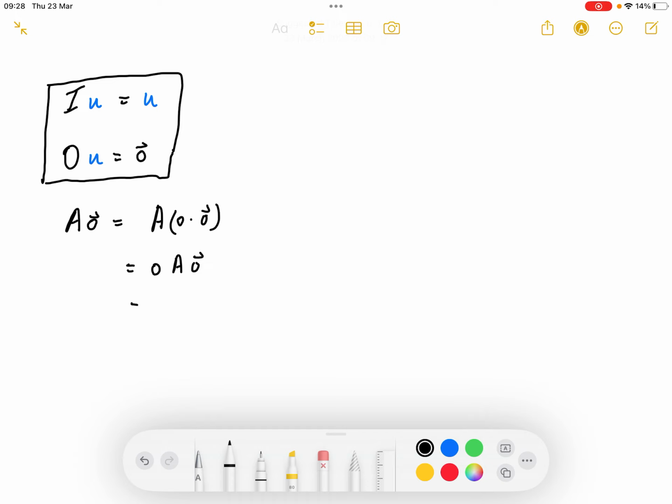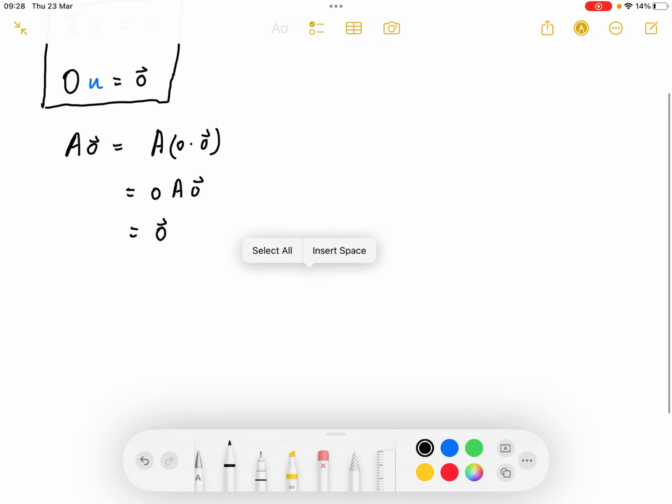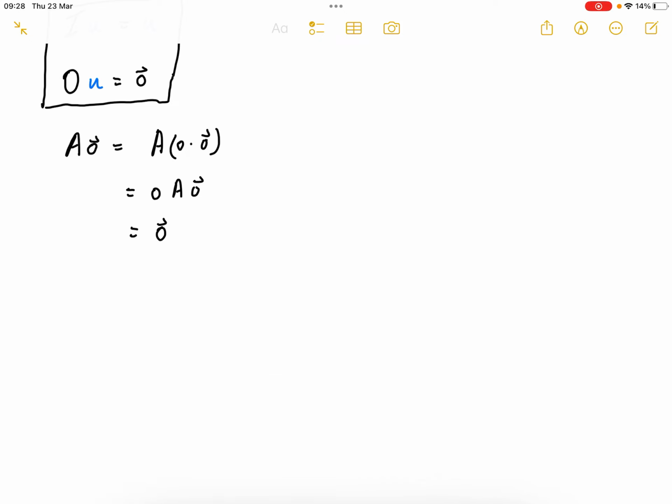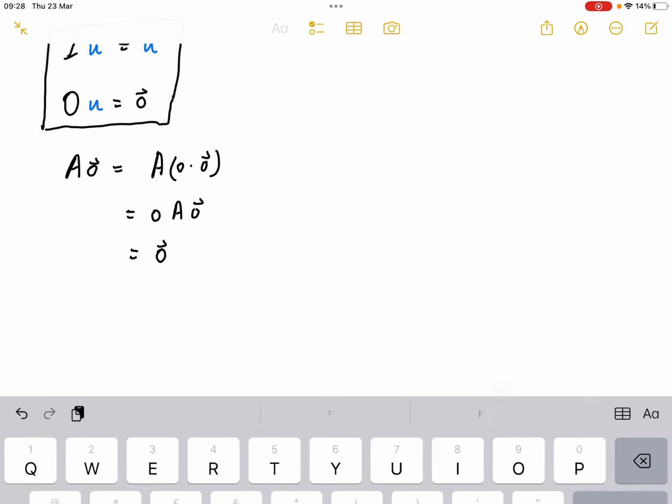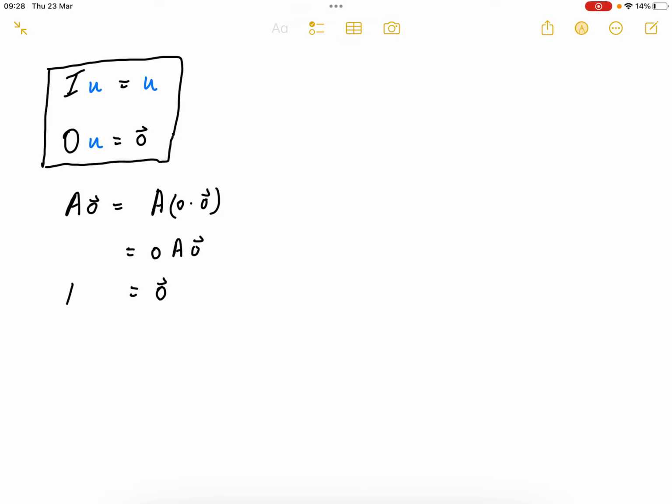And 0 times any vector gives you just a 0 vector. Perhaps it wasn't really necessary to go ahead and prove it, but A times 0 vector gives you the 0 vector.